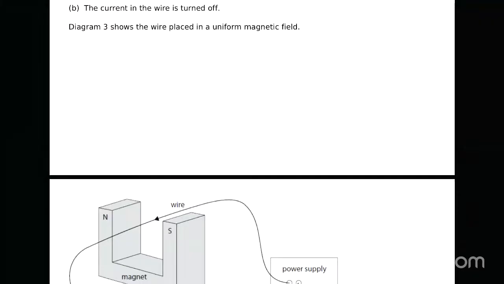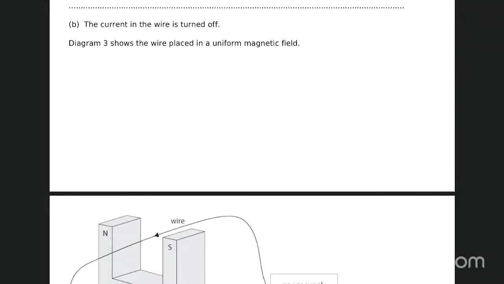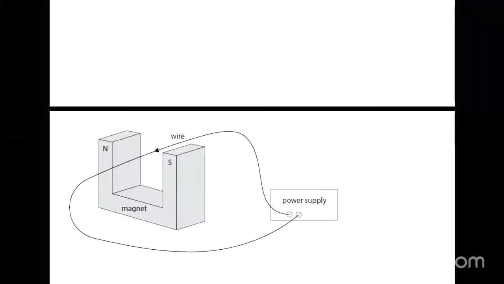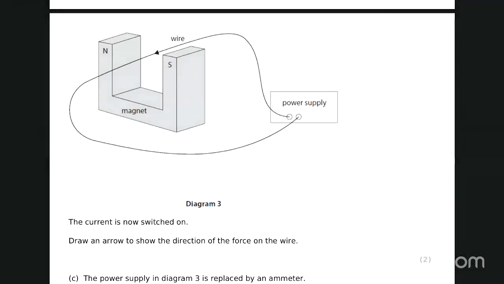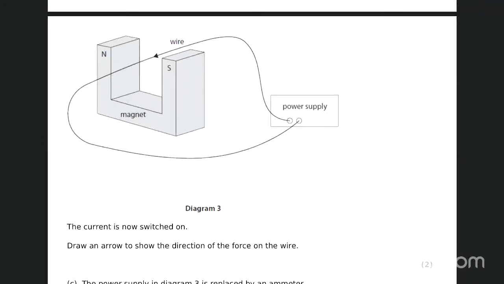So here, this question, right? The current in the wire is turned off. Diagram 3 shows the wire placed in a uniform magnetic field. The current is now switched on. Draw an arrow to show the direction of the force on the wire. No need of the previous cases, just go through this one.